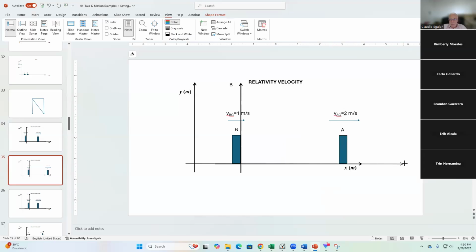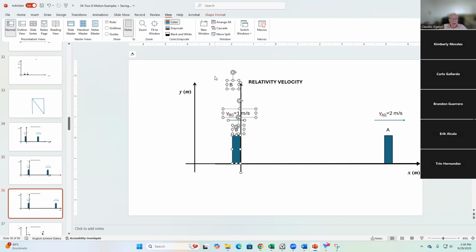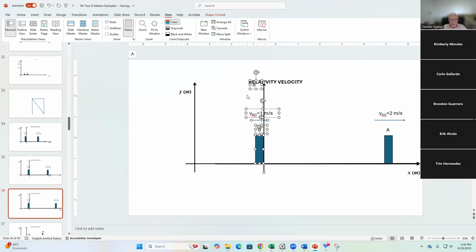And now I need to stretch my axis. A little bit later on, even further away, here you go. I'm going to put my x right in here. And this guy is going to be further down as well.